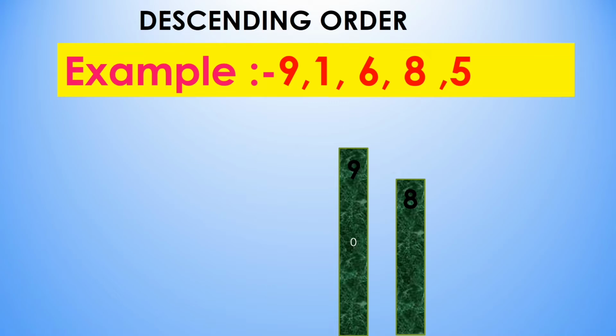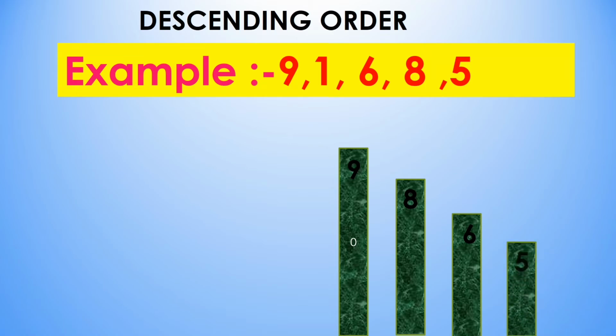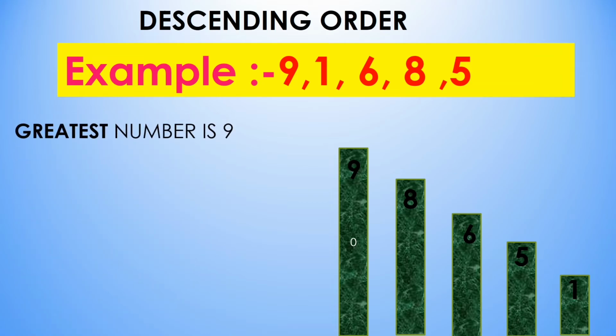Next, 6. 5. And the last number is 1. We arrange the number from big to small. Here greatest number is 9, smallest number is 1.